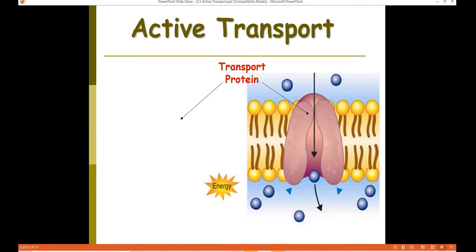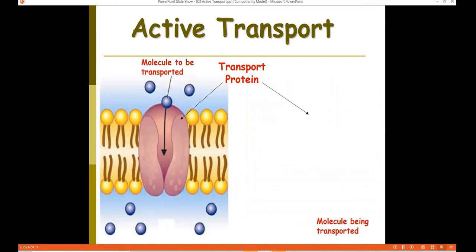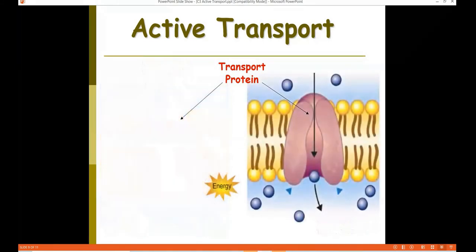They pick up the nitrate ions from outside the cell and then change shape in such a way that they push the nitrate ions through the cell membrane and into the cytoplasm of the cell.